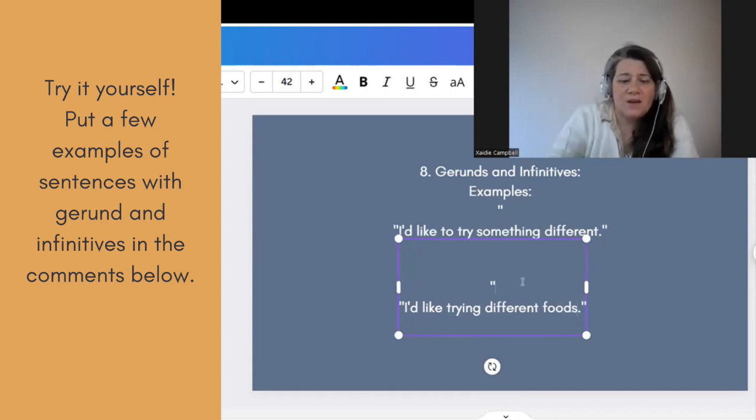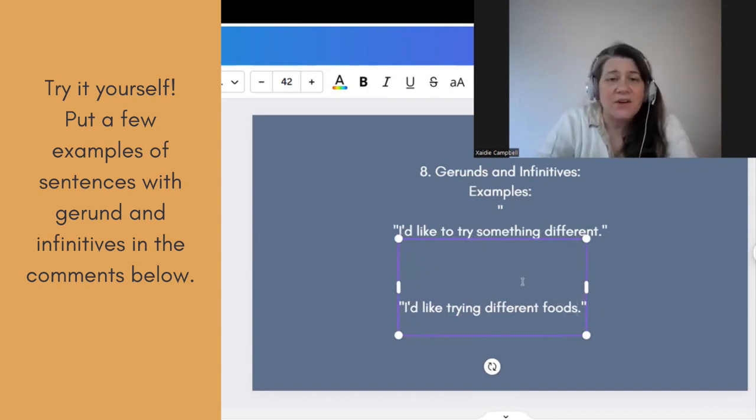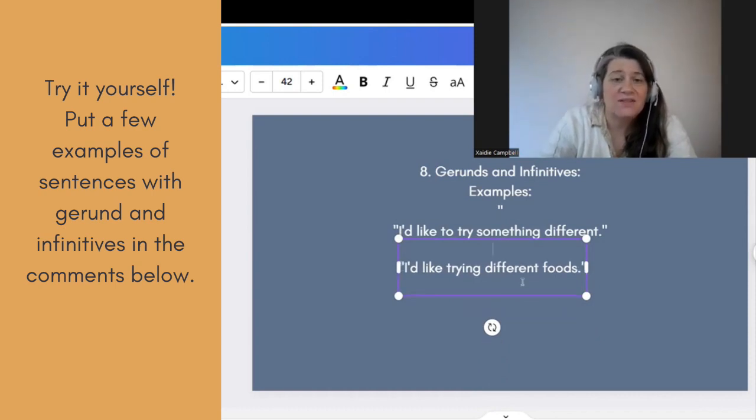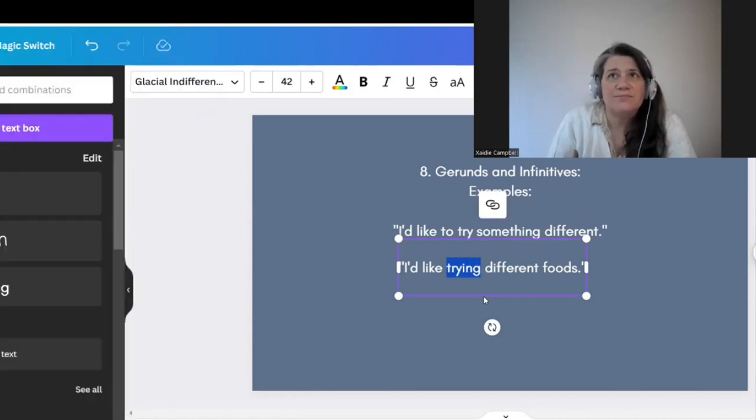Okay? I like trying. Now the trying is a noun. It's a special kind of noun that we call a gerund. Not all times that we have ing is it part of a verb. This time it's a noun. And that can be kind of difficult to figure out.